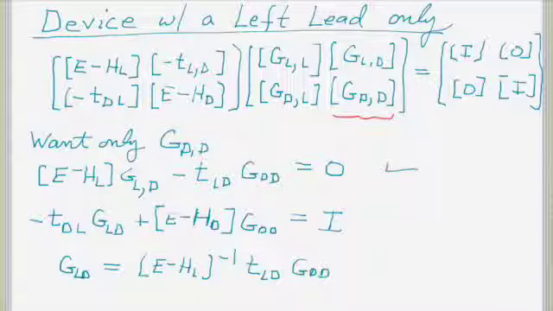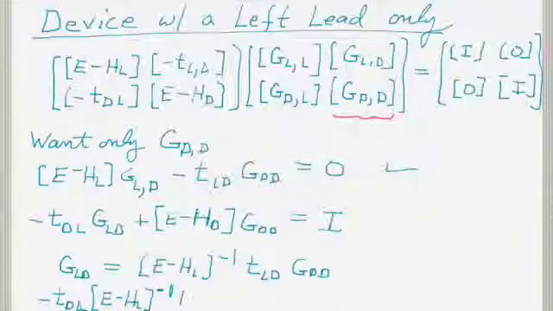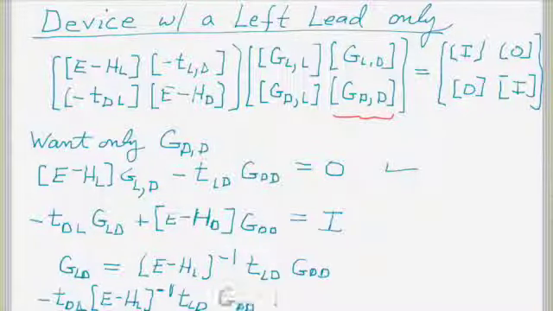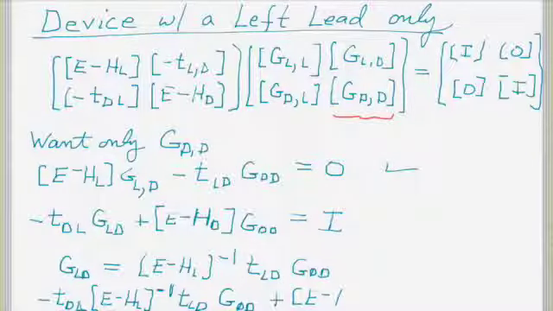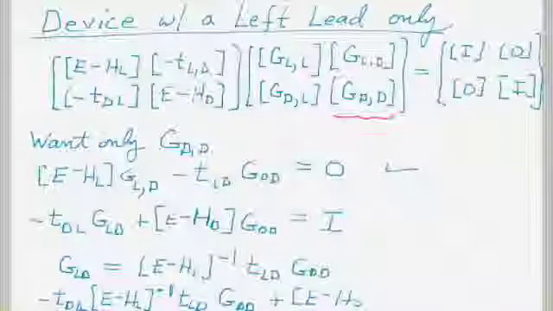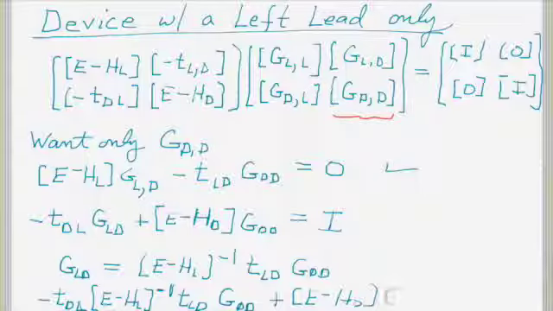And then we substitute this into the equation below it, and I get minus TDL E minus HL inverse TLD GDD plus E minus H sub D GDD is the identity, just by substituting.